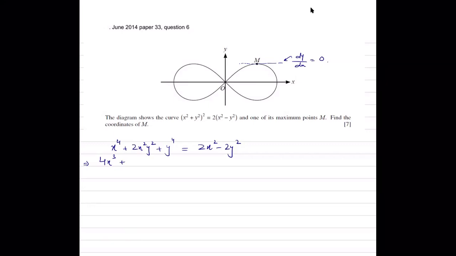What is the differentiation of 2x square y square? This is the product of 2x square and y square, so you have to apply the product rule to differentiate this: uv prime plus vu prime.